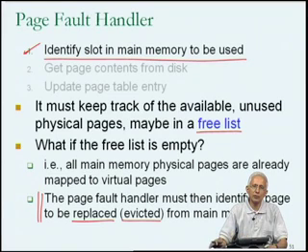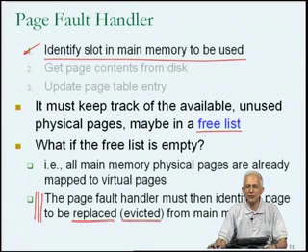So we have reached a point where we need to understand on what principles an operating system page fault handler could decide which page it can replace from main memory in order to make space for another virtual page.